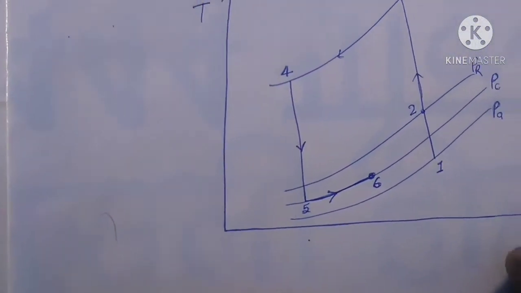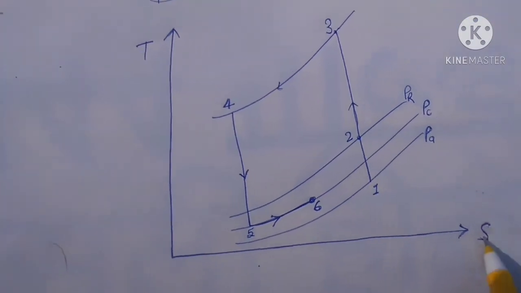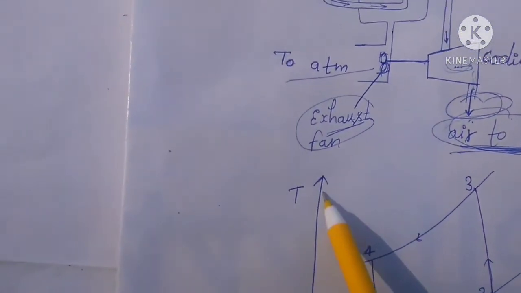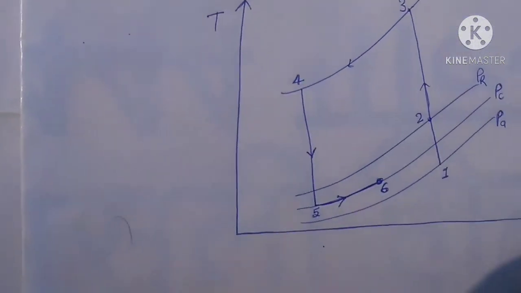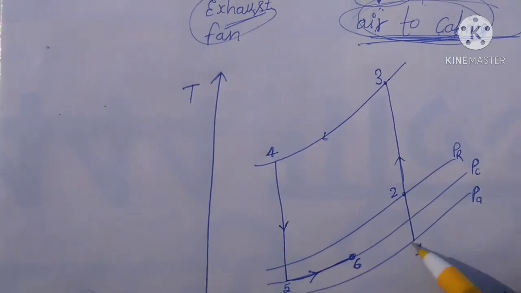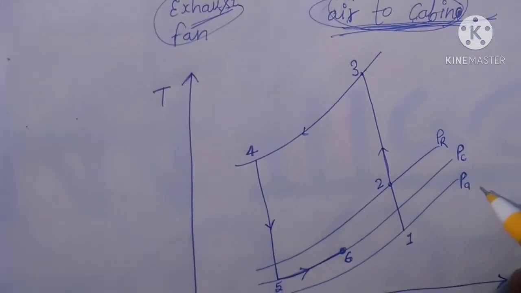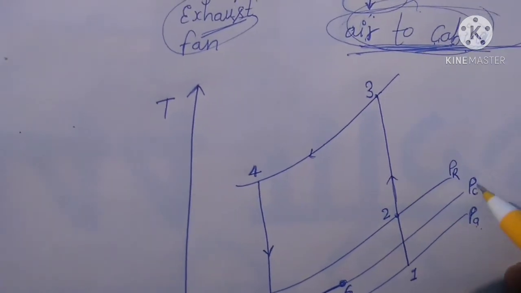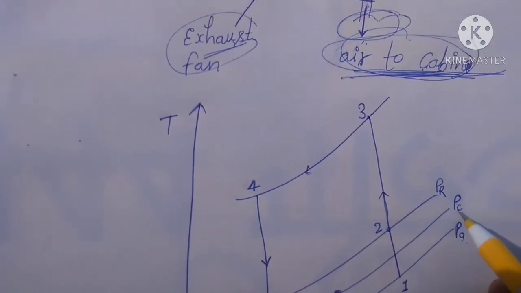Here is a simple figure of temperature and entropy, drawn with temperature on the y-axis and entropy on the x-axis. You see Pa, the ambient pressure, Pr, the ramming pressure, and Pc, the cabin pressure.